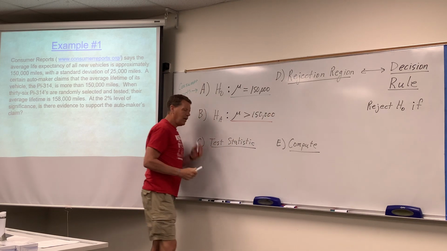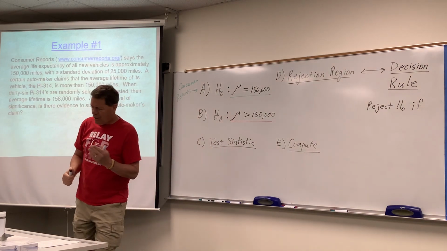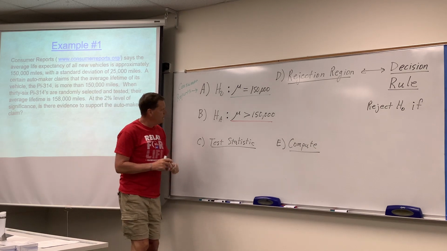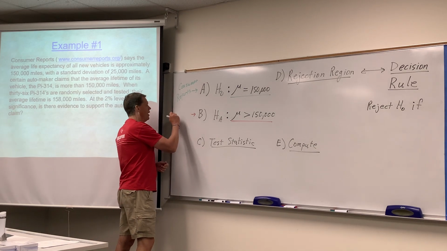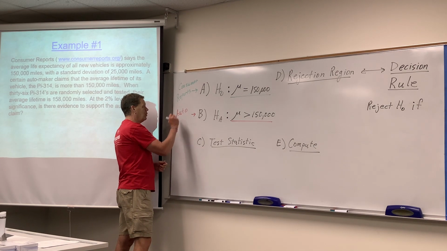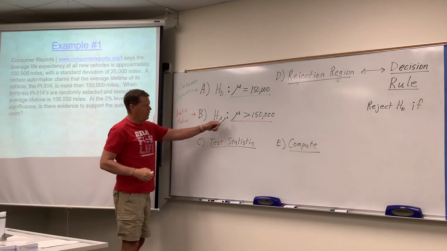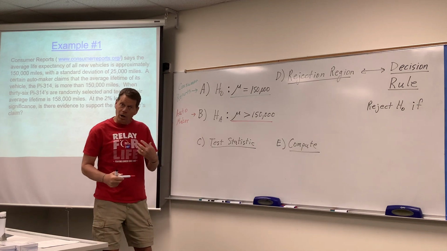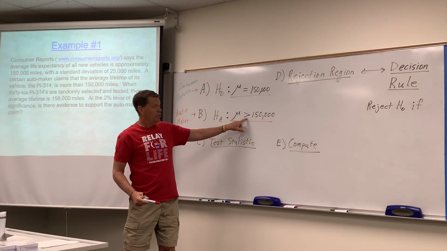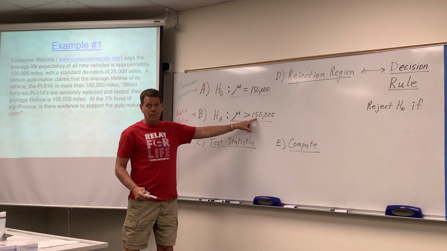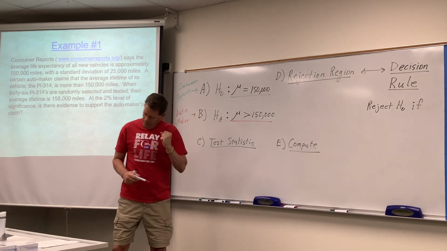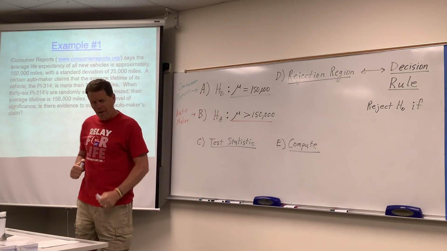So therefore the claim made by the automaker, given the fact that it involves more than, would be the alternative hypothesis. So let's label the fact that the automaker is making the alternative hypothesis claim. Our car lasts more, greater than the average car. All right, so the mean of our cars. So there's our null and alternative hypotheses.